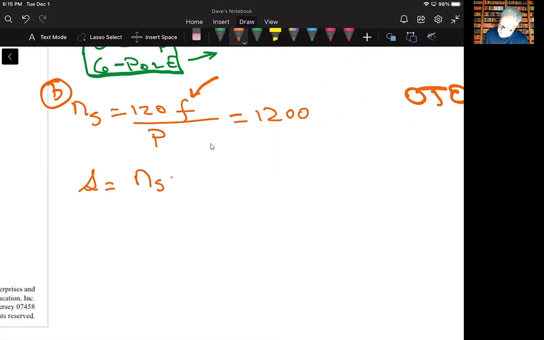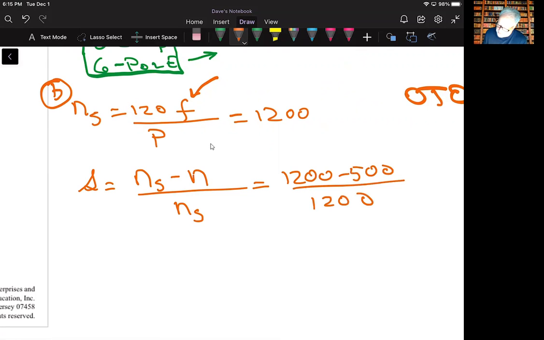It's N sub S minus N divided by N sub S, which is 1,200 minus 500 divided by 1,200, which is going to give us 700 on top. 700 divided by 1,200 is 0.583, or 58.3%.